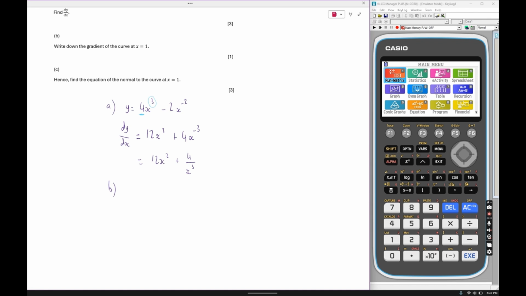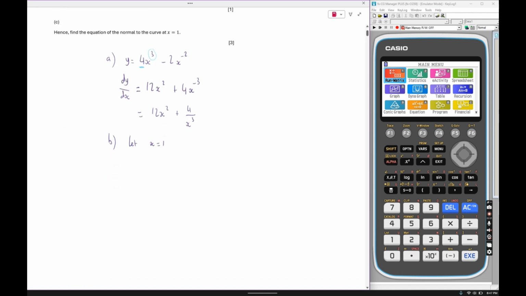So we are going to use the derivative that we just found, and we are going to let x equal 1. So dy dx, which is the gradient, remember, equals 12 times 1 squared plus 4 over x cubed is really going to be 1 cubed.